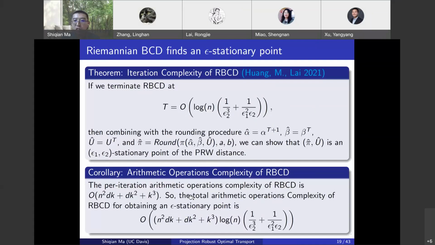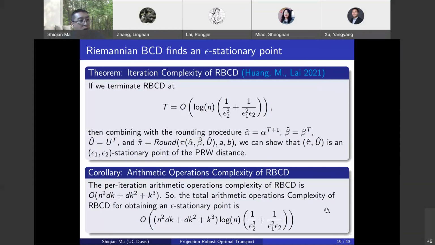For each iteration, we can also compute the arithmetic operations complexity, and multiplying by the number of iterations, we obtain the total arithmetic operations complexity of our algorithm for obtaining an epsilon 1, epsilon 2 stationary point. This complexity is given here.